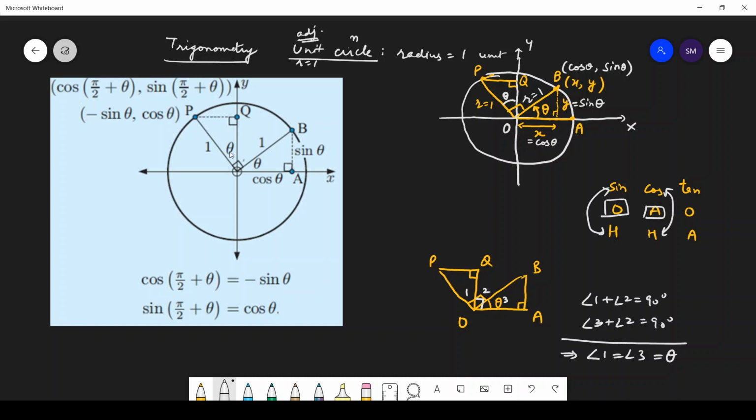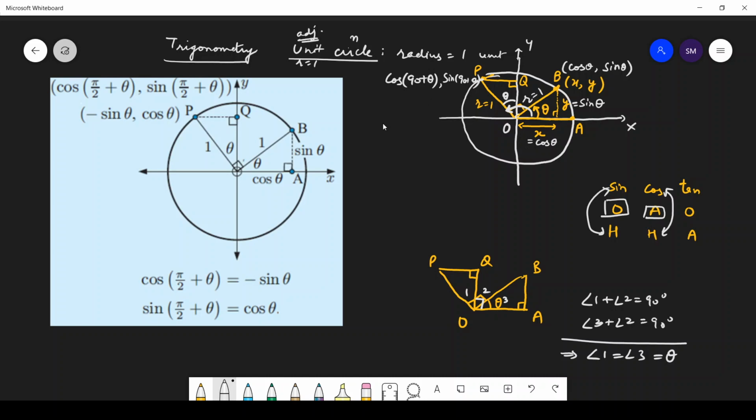Now what are the coordinates of this point P? You know that its coordinates are cos of 90 plus theta, since this is the total rotation from here to here, that's 90 plus theta, and sine of 90 plus theta.